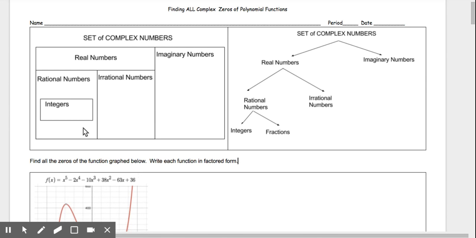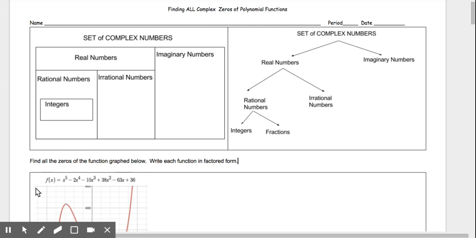When we graph the function, we are going to see these kinds of zeros on the graph. But there are times that the zeros that we obtain are not visible in the graph, and those are the imaginary numbers. Imaginary numbers result when we have a negative inside a square root.